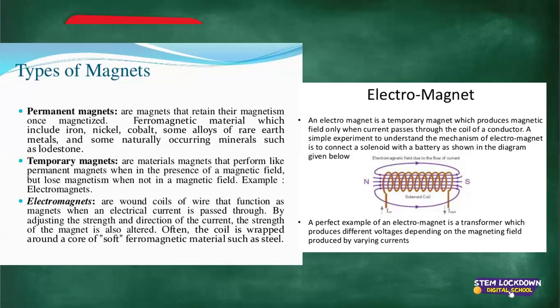A simple experiment to understand the magnetism of an electromagnet is to connect a solenoid to a battery, as shown in the diagram at the bottom. It shows that when the current passes, a magnetic effect is induced and it makes it magnetic.